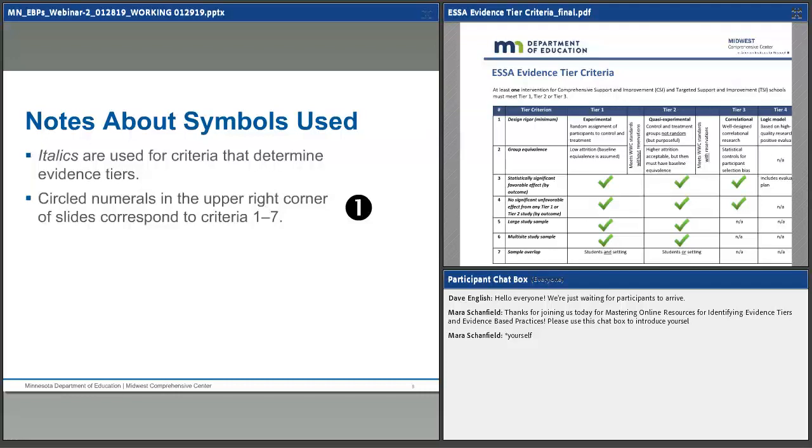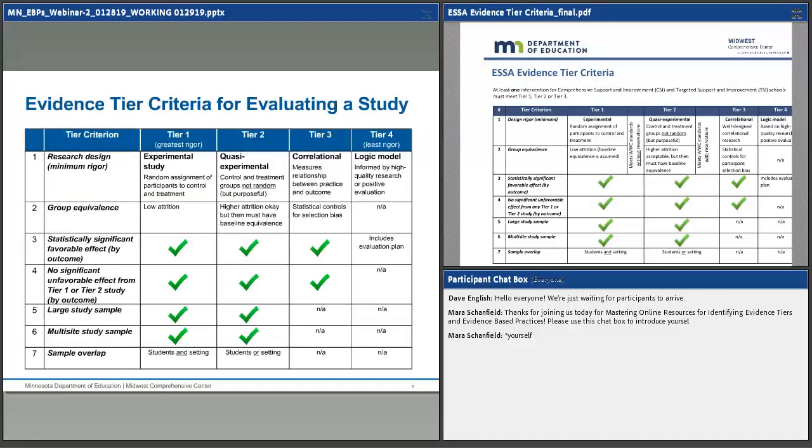That's what the italics maps to. The second symbol you should be aware of is the circled numbers. Whenever you see a circled number in the right-hand corner of a slide, you know that it's referring to a specific criteria, and those numbers are going to map to these numbers on the evidence tier criteria table that you're always going to see up on the screen. So you can always look at those numbers and map them to the criteria you're looking at.